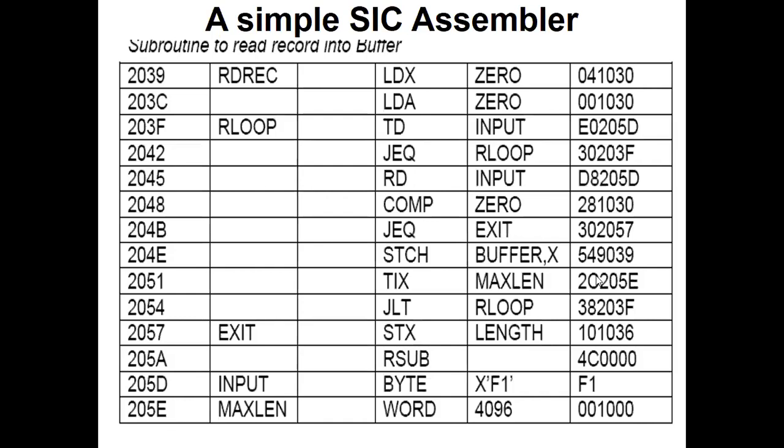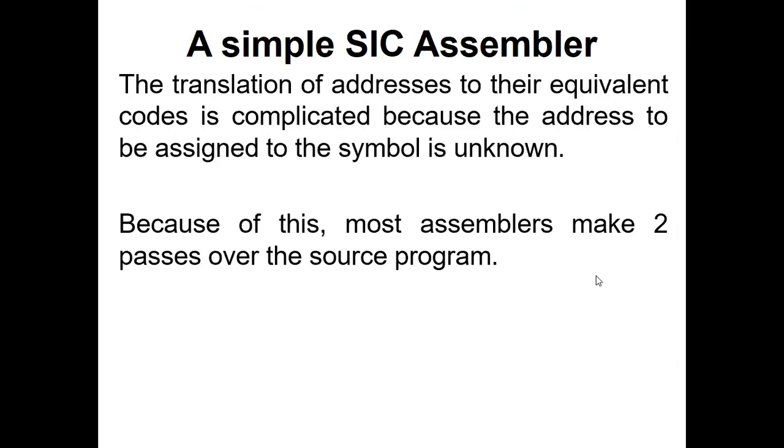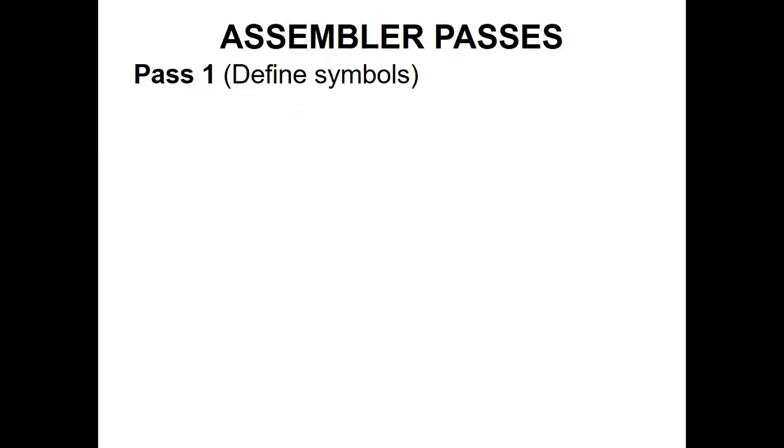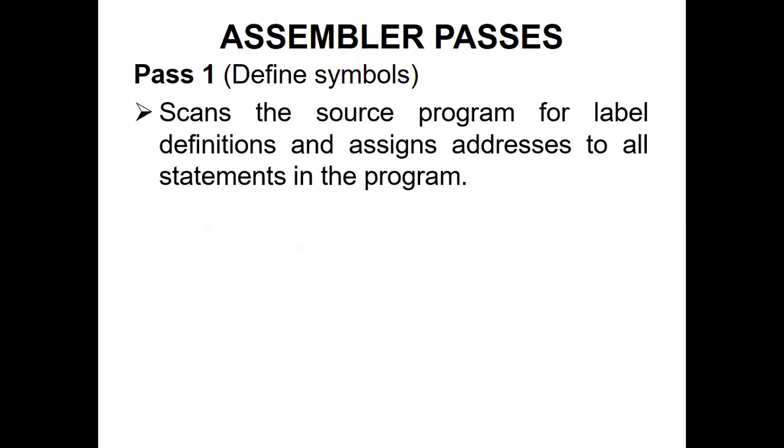Okay, so when we come back here, we are saying that translation of addresses to their equivalent codes is complicated because we don't know the addresses at the beginning, so most assemblers will make 2 passes over the program. So what is done in the first pass?